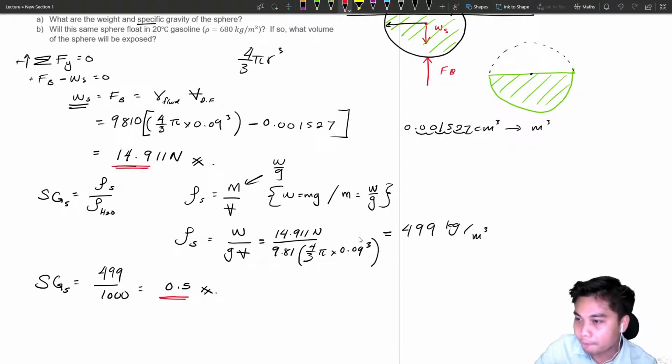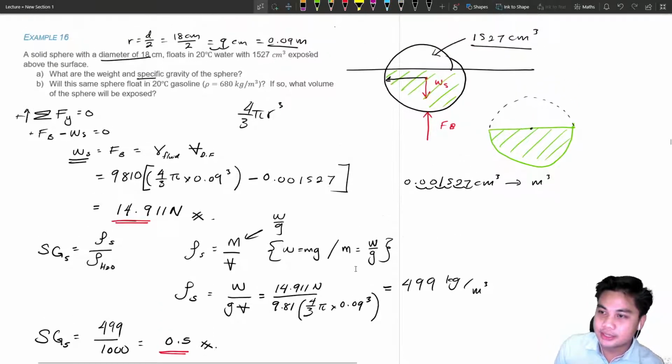The next question asks: will this same sphere float in gasoline having a density of 680 kilograms per cubic meter? If so, what volume of the sphere will it expose?